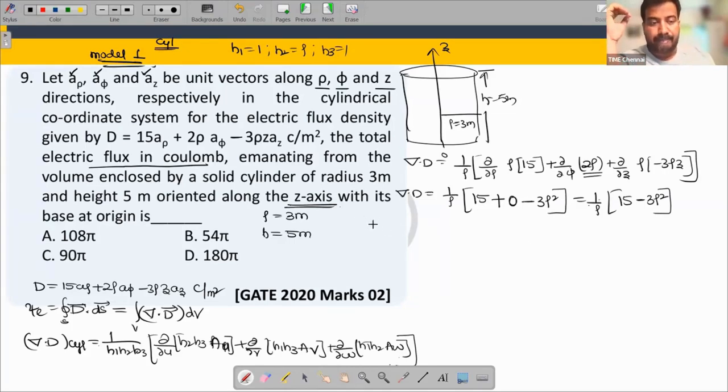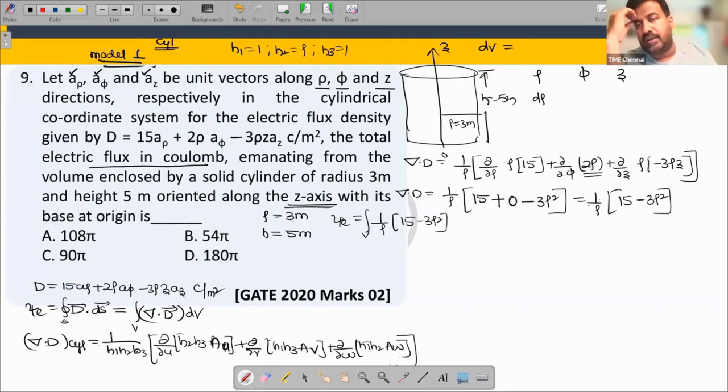Substituting, psi E is the volume integral of del dot D dv. Now dv should multiply the lengths along rho, phi, z.